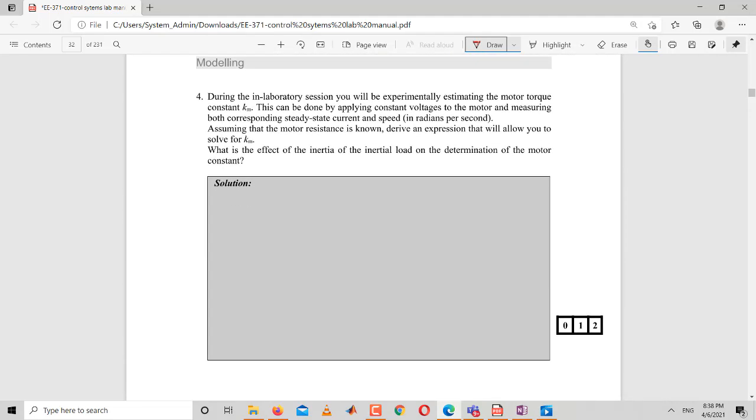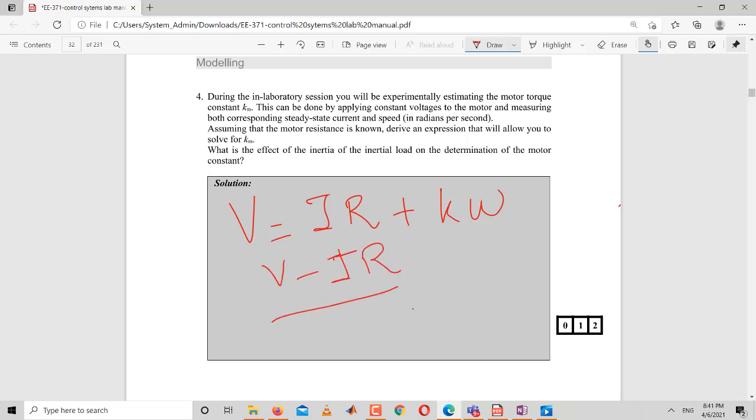Okay, then this question says that we have to assume that the motor resistance is known. We know the value of motor resistance, and now we have to derive an expression to find the value of Km. This is the basic equation that we are following, and we have to find out the value of K. It should be very simple: V minus IR, divided by omega, is equal to your motor constant Km.